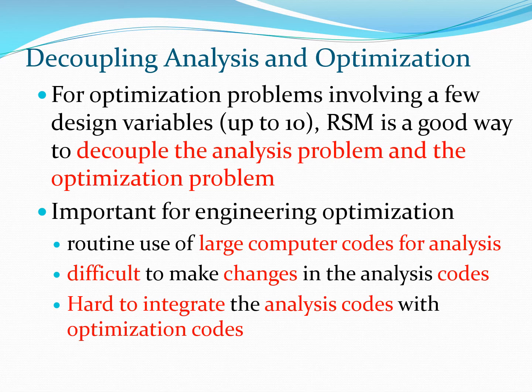Therefore, you cannot go inside the code and put in your optimization code if you wanted to, which is sometimes possible in a setting such as a university where a student is working on a PhD problem. So generally it is hard to combine the codes for the analysis with the codes for the optimization. And this problem is largely resolved by the use of response surface methods.